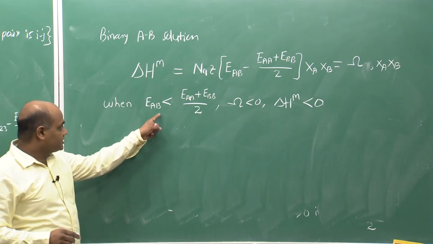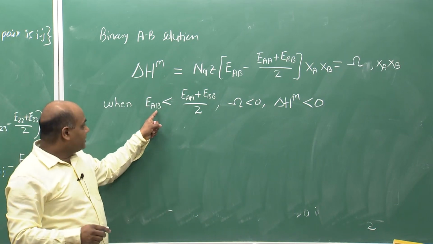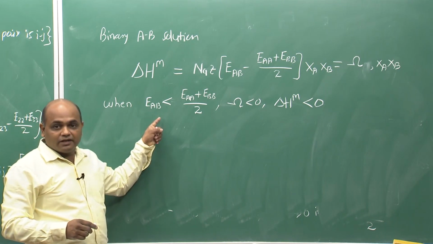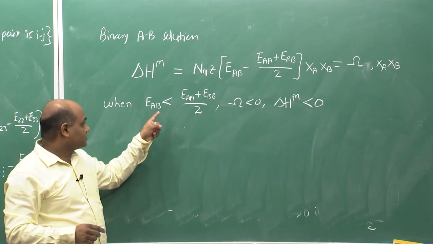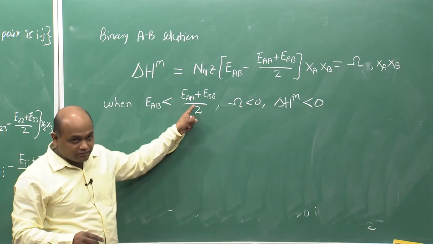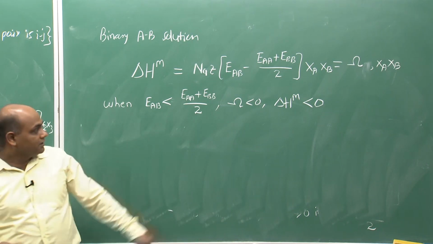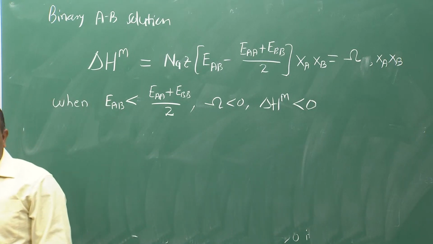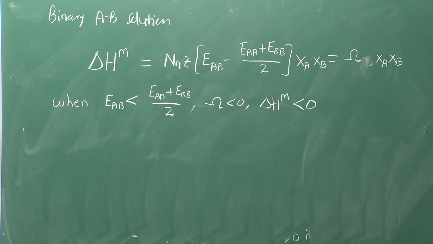So essentially, if AB bonds are stronger, the stronger bonds mean lesser bond energy, right. So when AB bonds are stronger than the average of AA and BB bonds, the enthalpy of mixing is negative, which means heat will be released during the process of mixing.